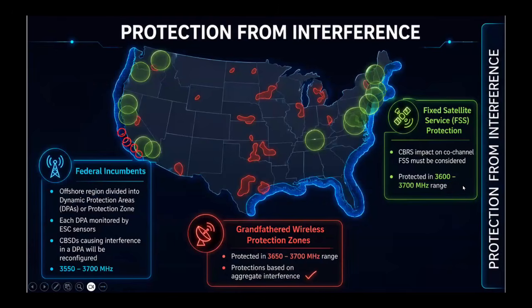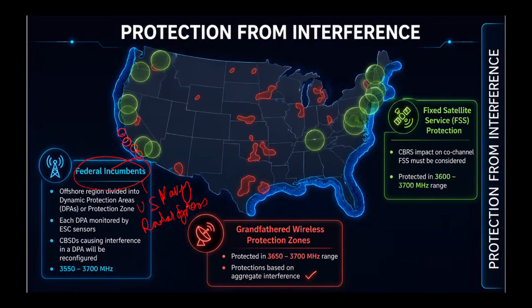Now look at the CBRS geography across the United States. First, we have the federal incumbents, primarily US Navy radar systems. These are mainly associated with the coastal areas.